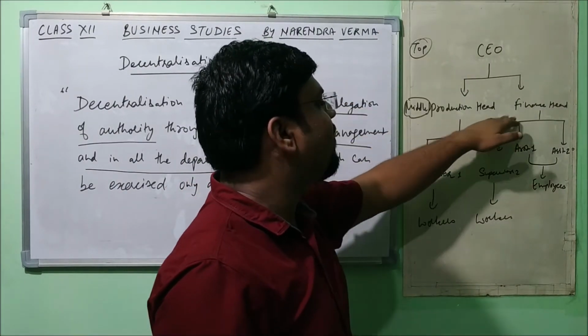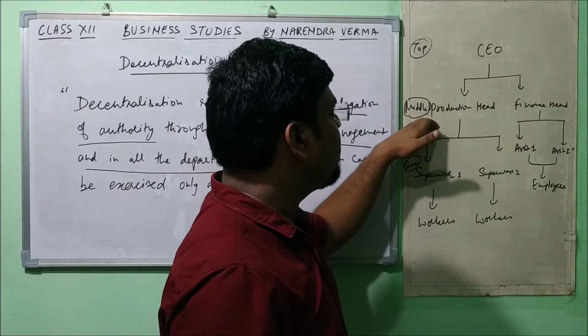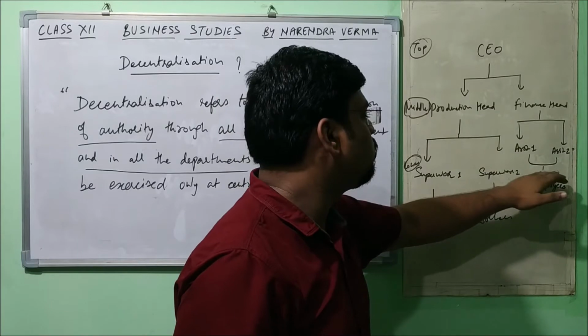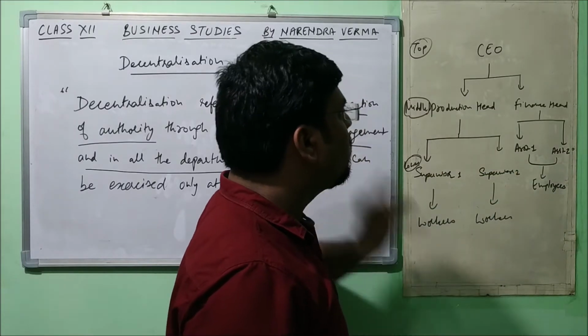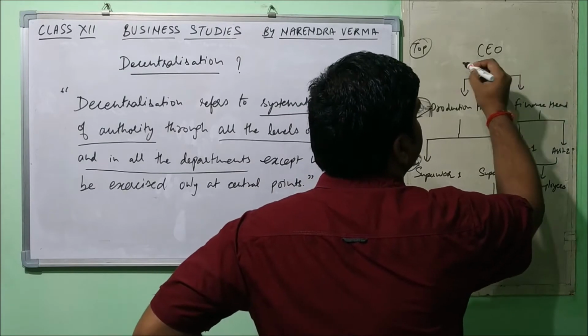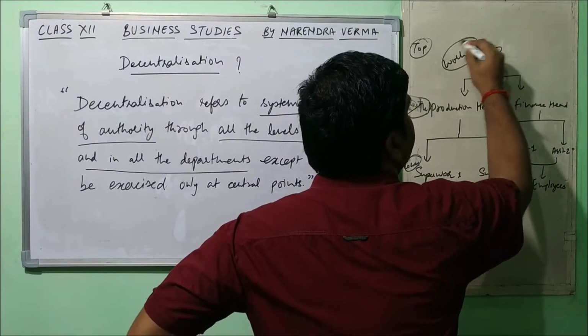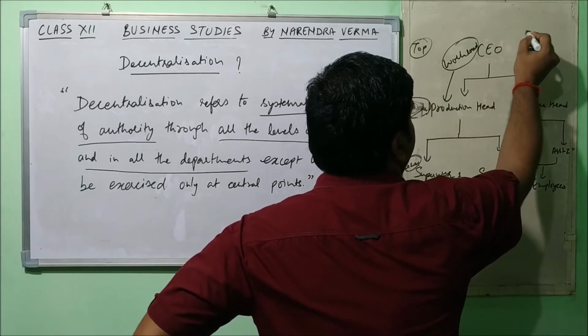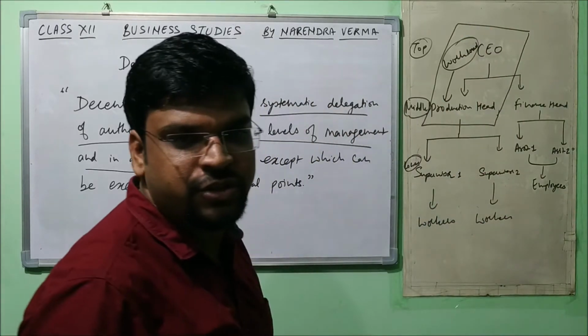Now production head and finance head, these both are at the middle level, and supervisor 1, supervisor 2 or assistant 1, assistant 2, these are at the lower level. Now if this superior shares his workload for a temporary period with this person only, then this is the scope of delegation.